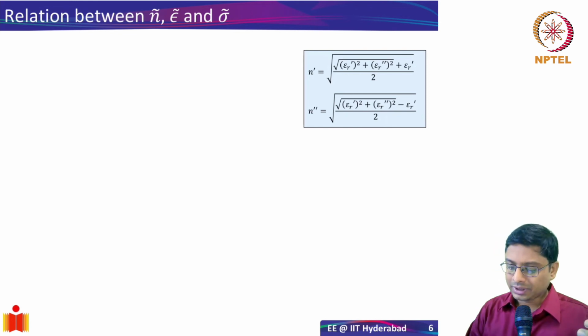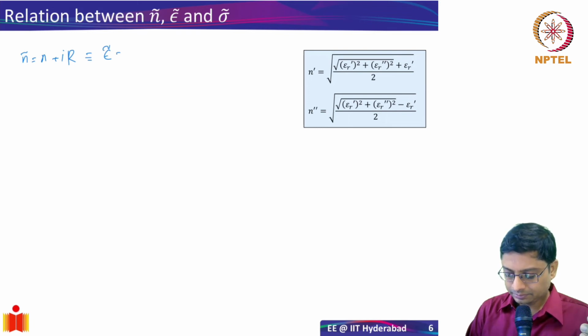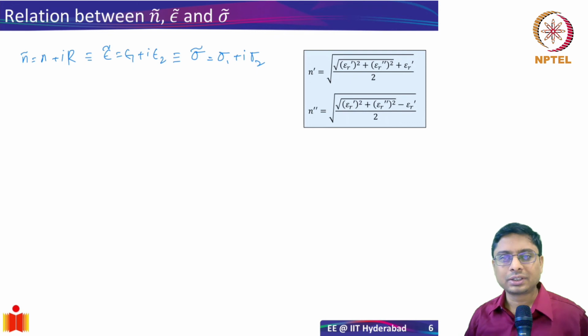You can call it complex refractive index, which is n plus i kappa, or equivalently, complex permittivity, epsilon 1 plus i epsilon 2, or equivalently, conductivity sigma, which is complex again, sigma 1 plus i sigma 2. All of these three are complete descriptions.